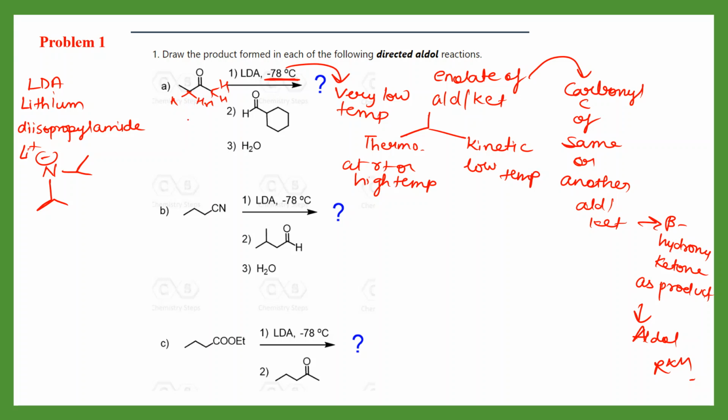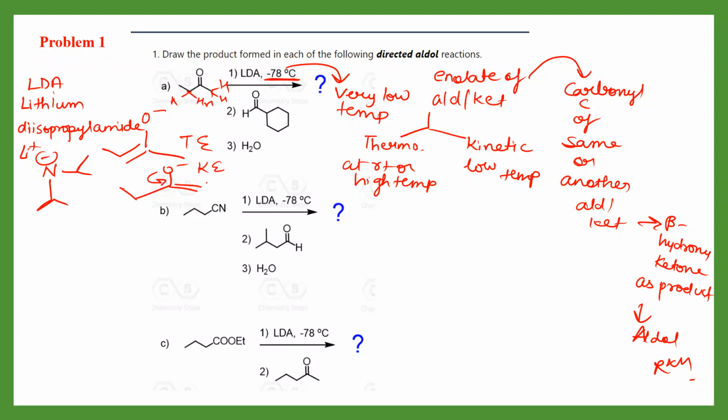So in problem A, this is its thermodynamic enolate, correct? And this is its kinetic enolate. Since we are given a bulkier base, which is LDA in our case, and the temperature is very low, it will form the kinetic enolate.